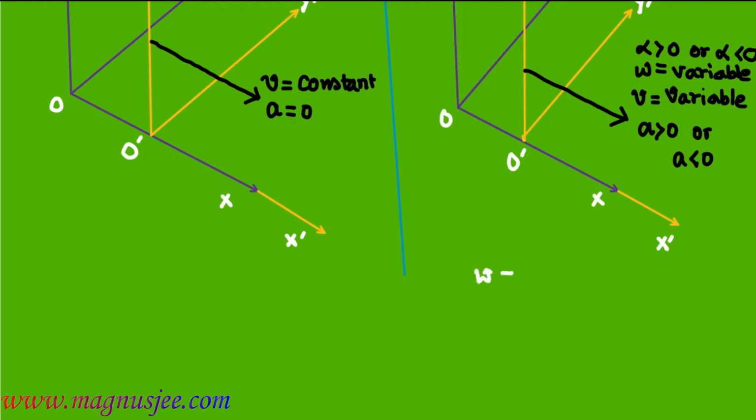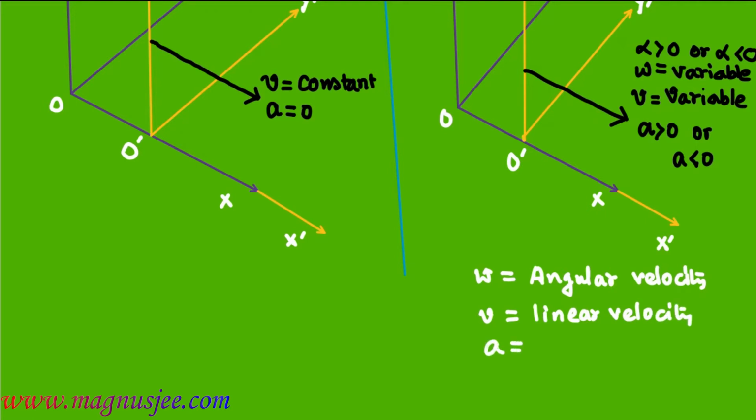That's why this new set of axes is known as non-inertial frame of reference, where this non-inertial frame of reference can rotate or spin with respect to the pre-assumed inertial frame of reference denoted by violet color. That's why this new set of axes in a non-inertial frame of reference should have certain angular velocity omega, linear velocity v, certain linear or tangential acceleration a, and certain angular acceleration alpha.